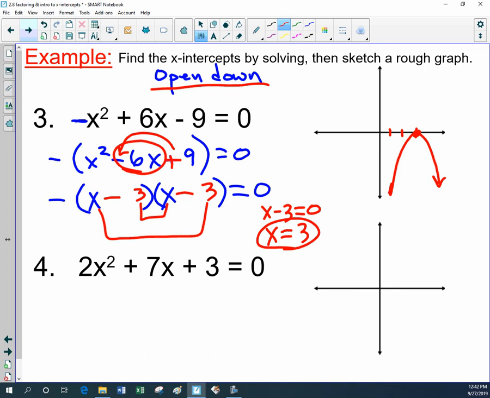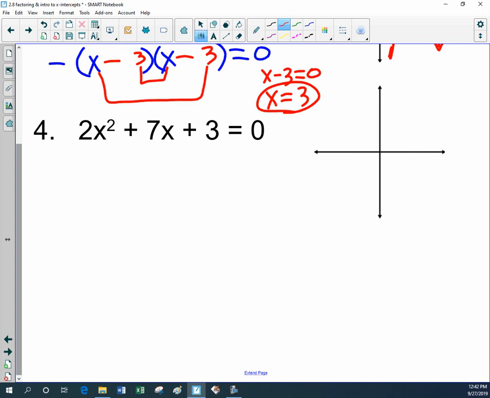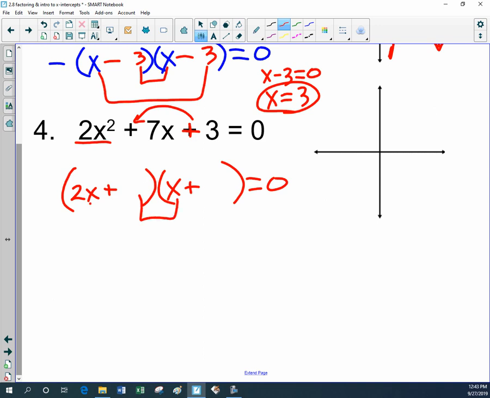Okay, problem number 4. Let's try this one. So no greatest common factor. Factors of 2x squared, 2x and 1x. The last term is positive, so I look at the middle term, and that's going to tell me what they're both going to be. So they're both going to be positive. And then factors of 3, 1 and 3. Okay, mental math.